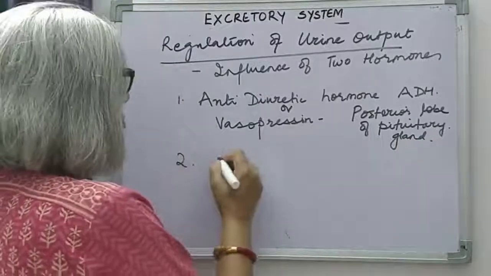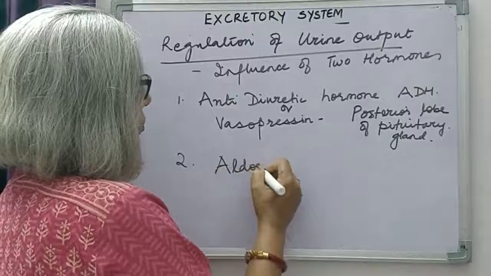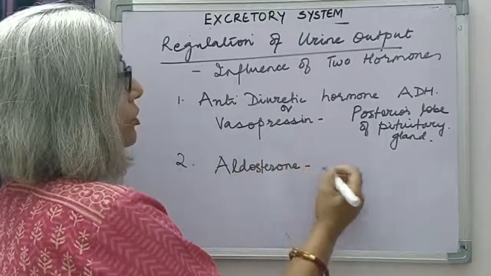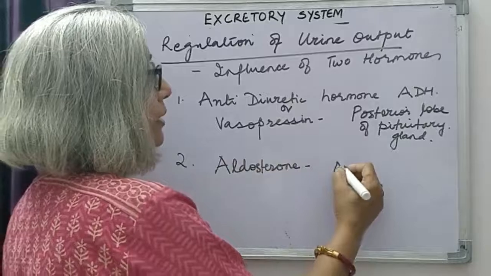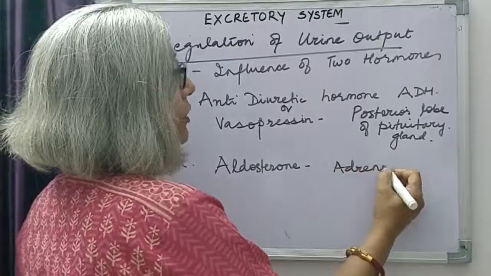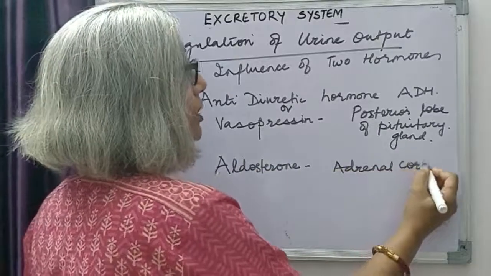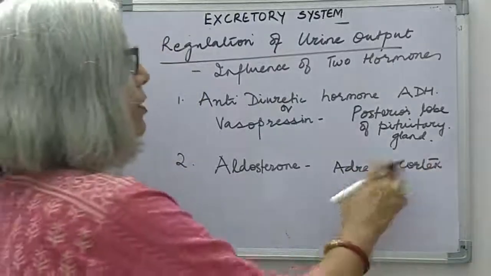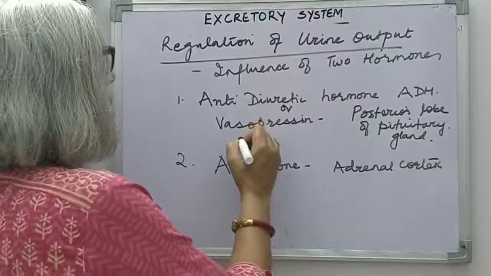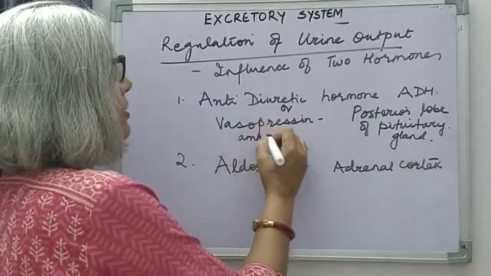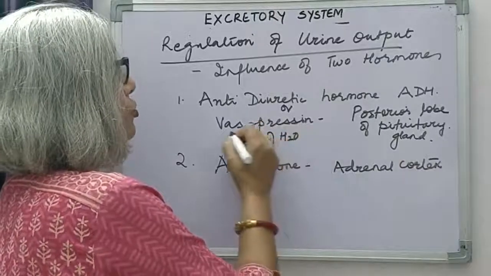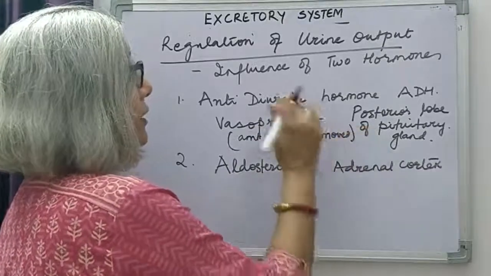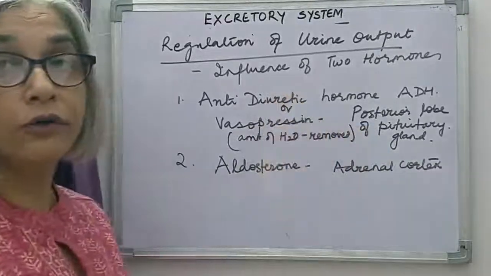And second hormone is aldosterone. This hormone is produced by the cortical region of the adrenal gland. So we can say produced by the adrenal cortex. Now, amount of water to be removed with urine is under the control of ADH.